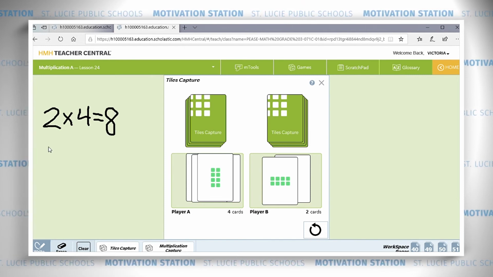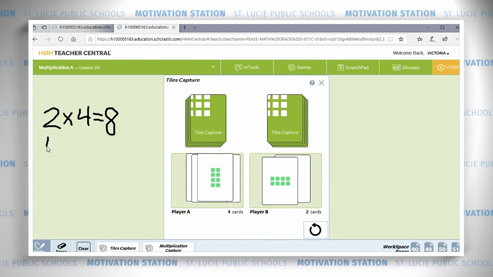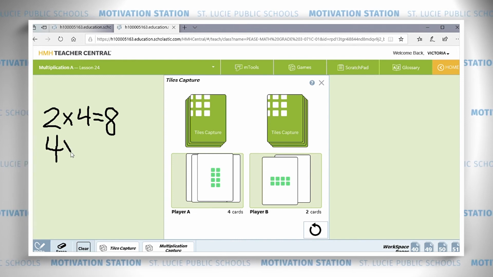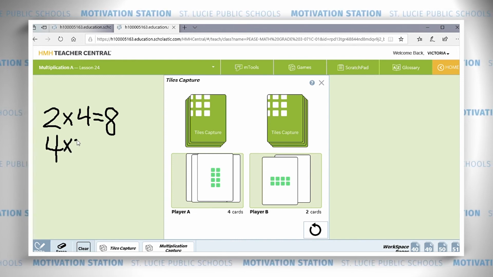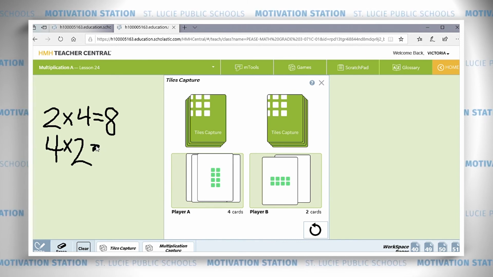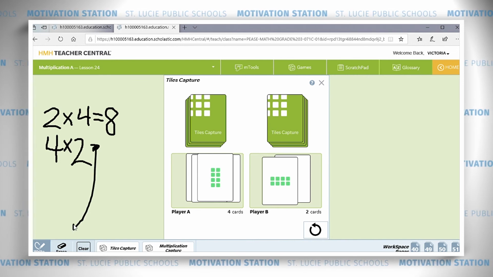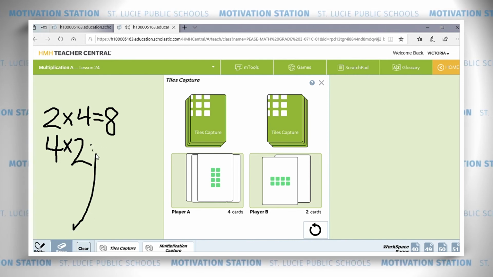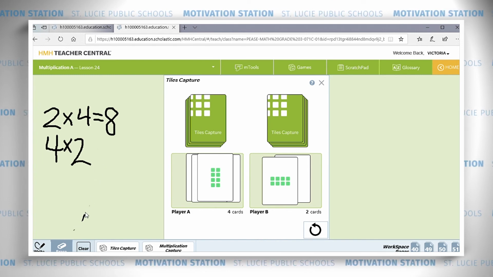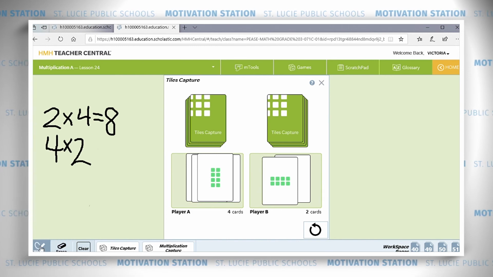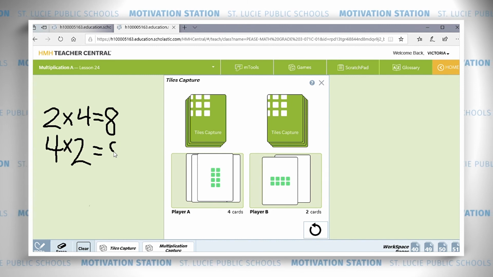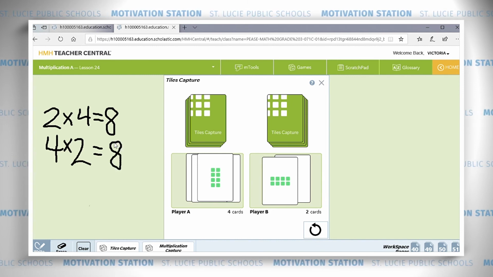Then I can flip those factors around and write it in the commutative property with 4 times 2 equals, oops, nope, that's a less sign. Let me erase that. So you can just go in and erase if you make a mistake. You just need to write these in your books, but you are more than welcome to write them on here too. And that equals also a product of 8.